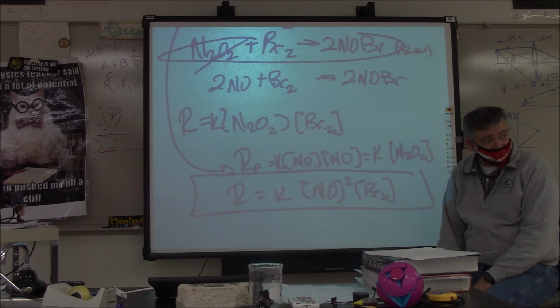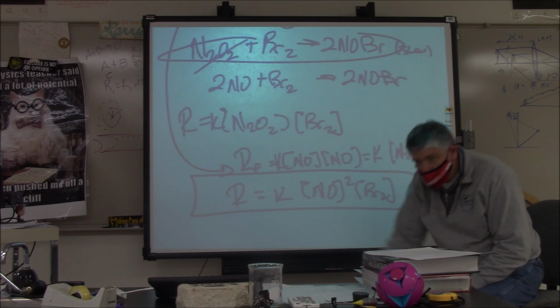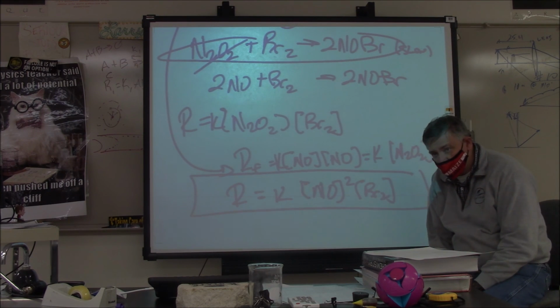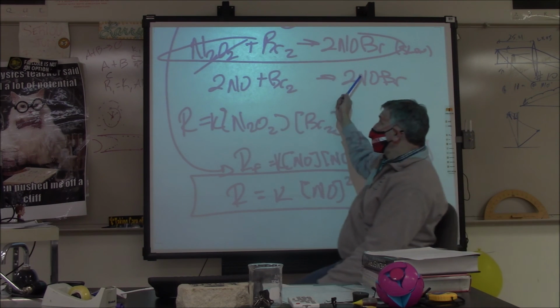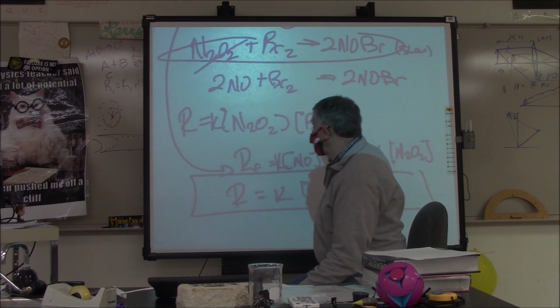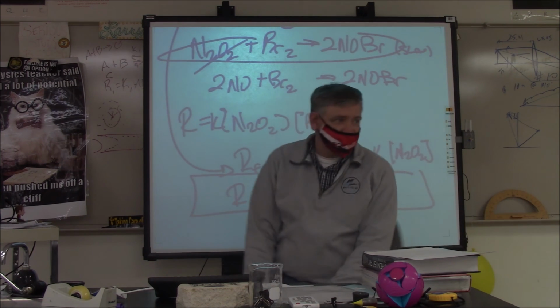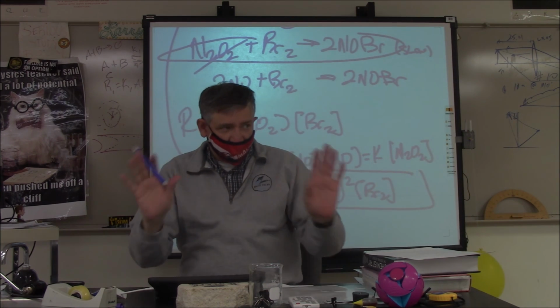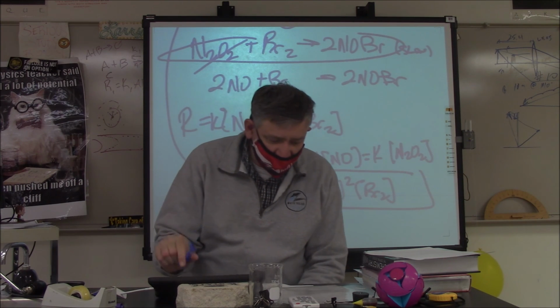It'd go up by a factor of 4. If I doubled my Br2, my rate would also double. Okay? So what this is allowing us to do is to explain why this is dependent upon those concentrations. Got it? It's really not that tough once you get used to the terminology.